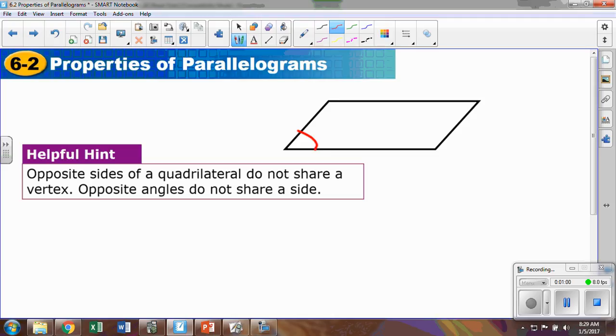Opposites don't share sides, and so the opposite angle would be this one over here. The other pair of opposite angles would be these ones. We have opposite sides, top and bottom, opposite sides, left and right. But when we talk about opposite angles in a parallelogram, we're referring to the ones that are opposite diagonals. Not consecutive diagonals, opposite diagonals.